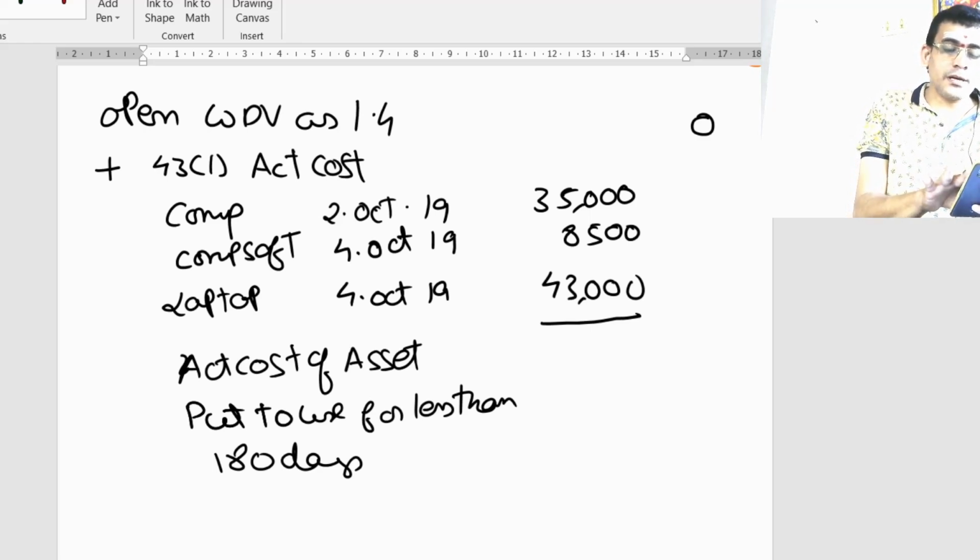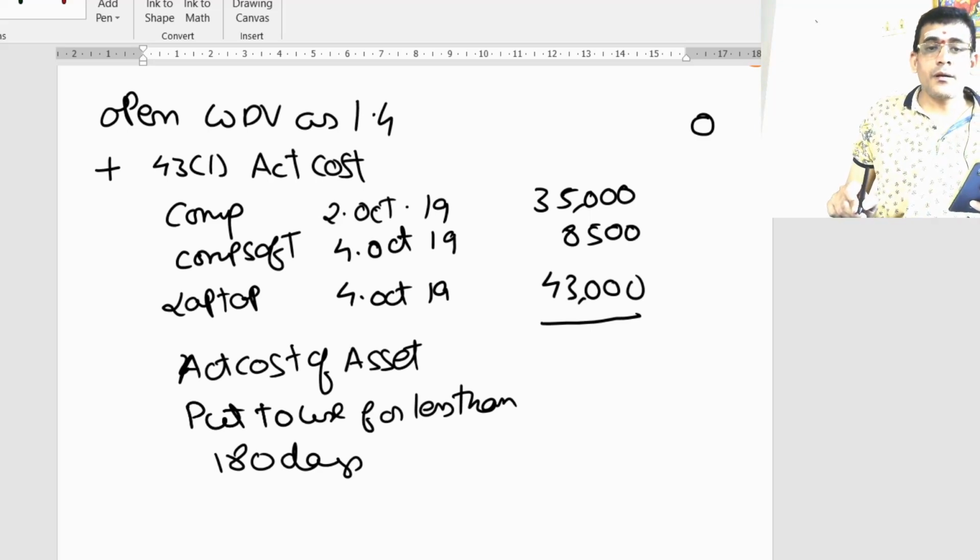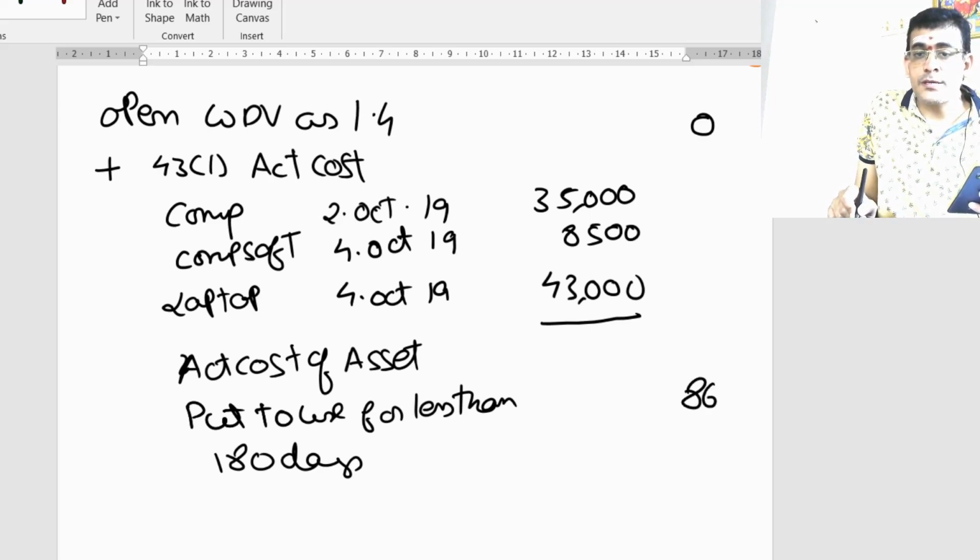Basically 35,000 is the computer cost, plus 8,500 is the cost of the computer software, plus 43,000 is the cost of your laptop. So the total cost of assets put to use is coming to 86,500.